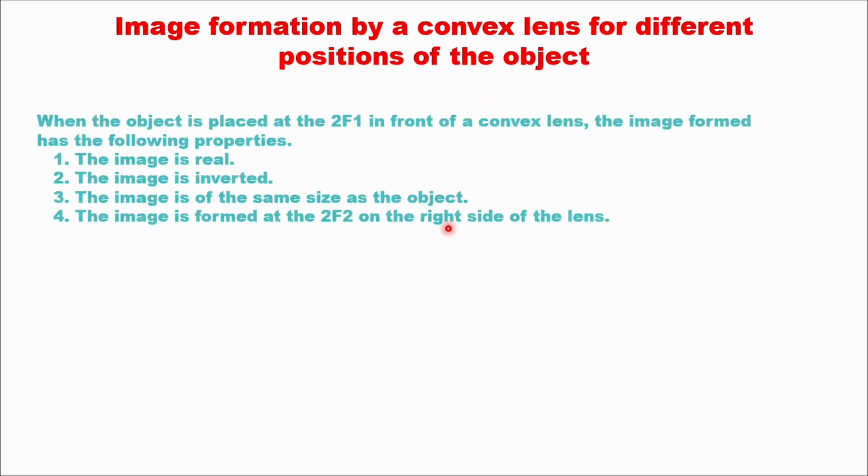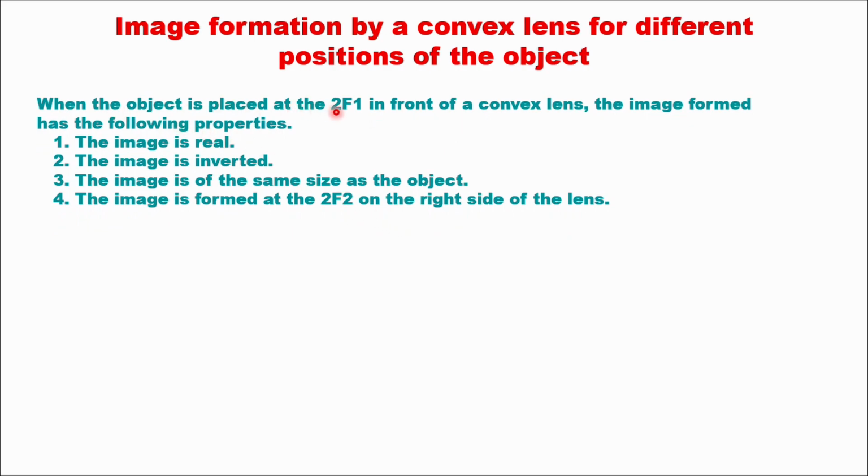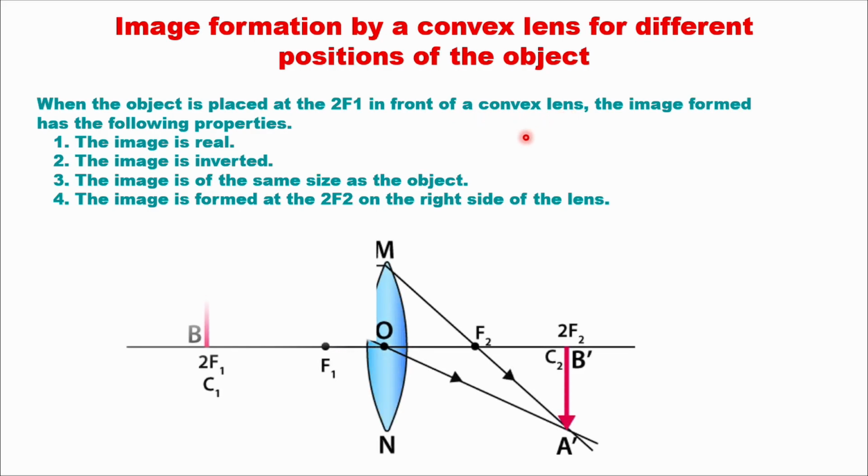Case number 3. Here the object is placed at 2f1 or C1 in front of the convex lens. Observe this diagram. Here it is exactly positioned at 2f1 or center of curvature C1. The image is formed at 2f2 on the right side of the lens. What is the nature of the image?